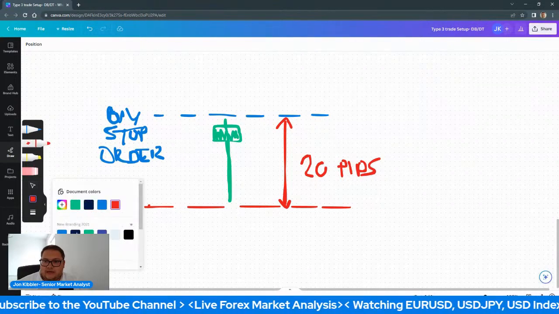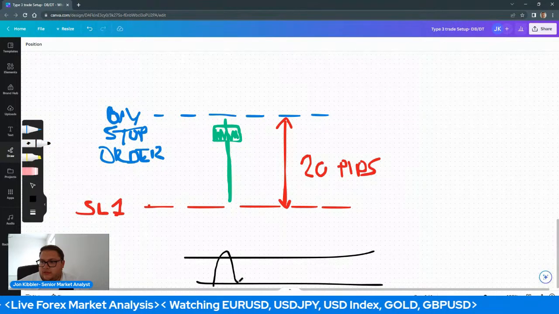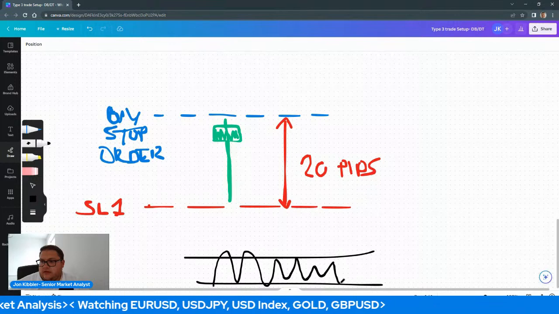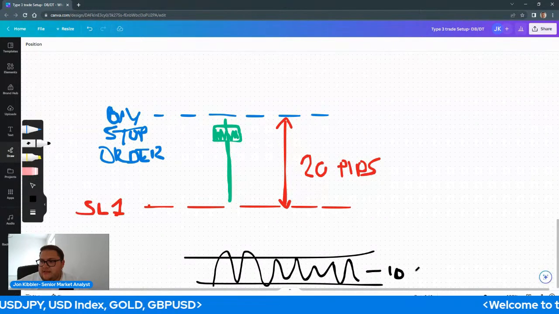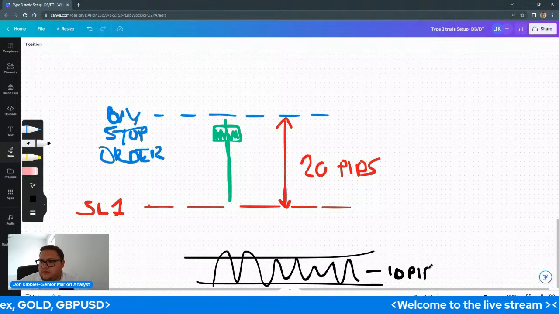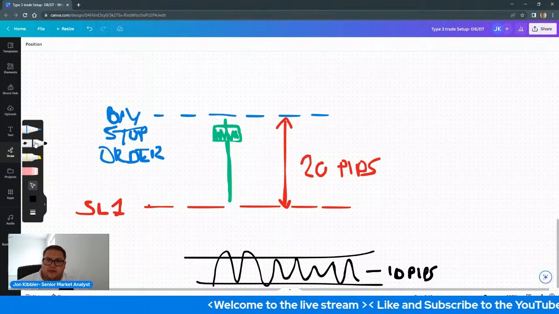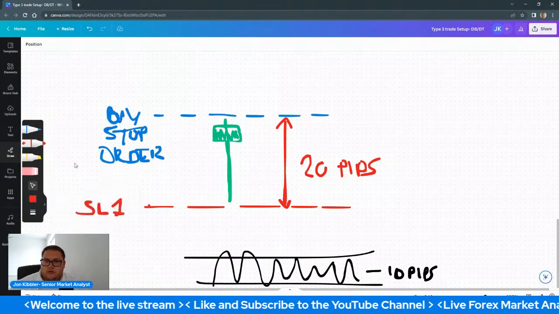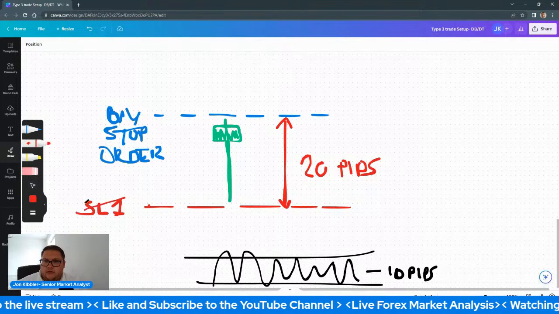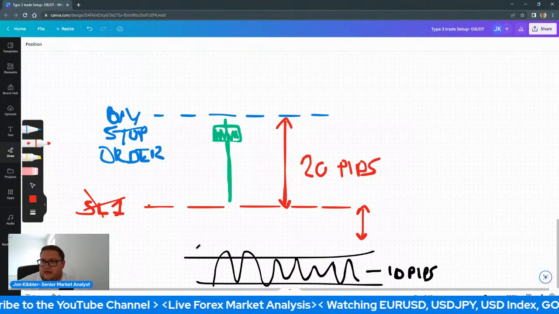So on your ATR down here, which oscillates with price volatility, your ATR is saying, let's say 10 pips. Let's keep it super simple. What I want you to do, instead of using your stop loss 1, you're going to cross that out. You're going to move your stop loss down an extra 10 pips.